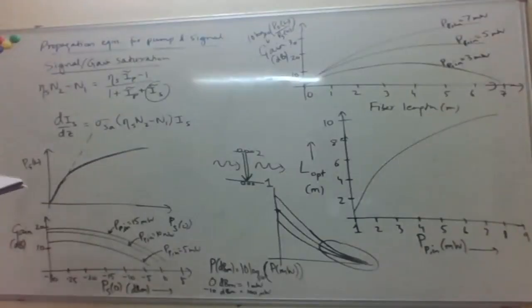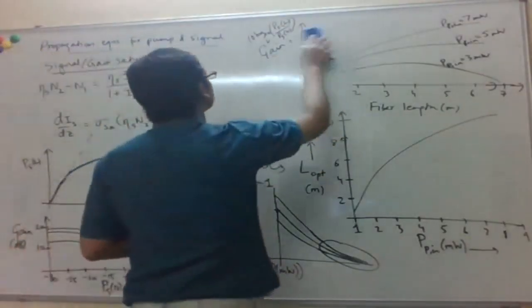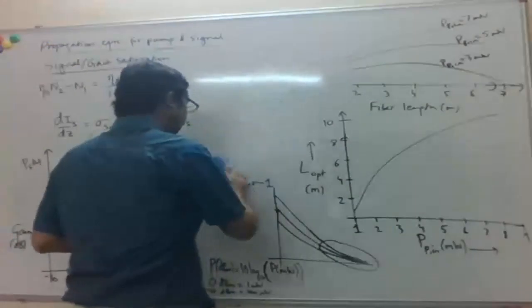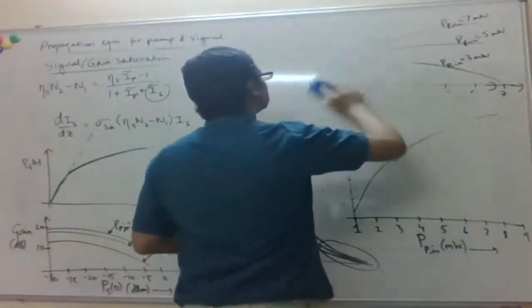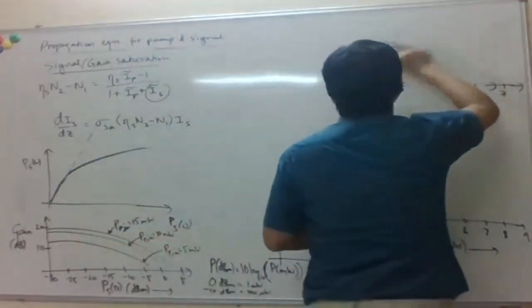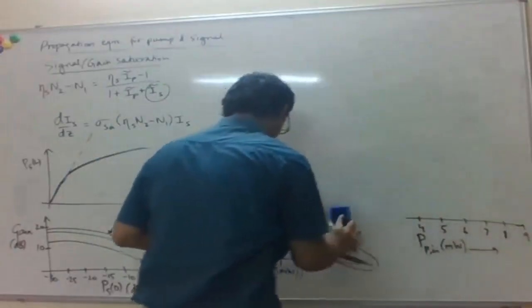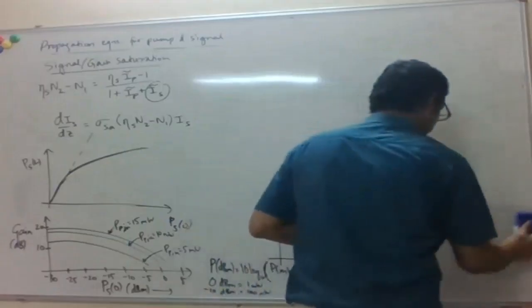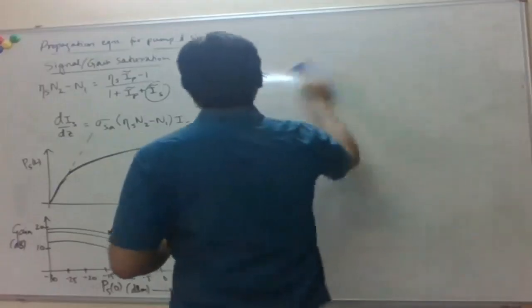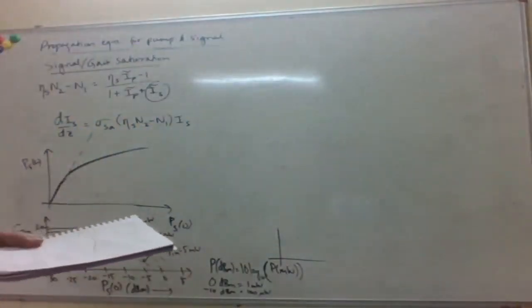So instead of the input pump power, sometimes this is also plotted in terms of the output. Input signal power is plotted in terms of the output signal power. So that sort of gives me an idea of how much power I can get out of the amplifier.